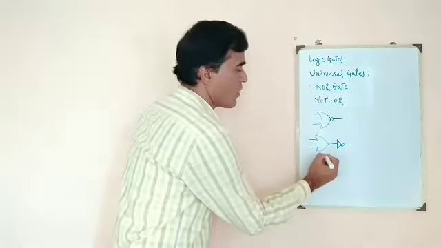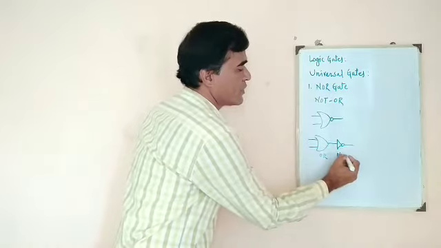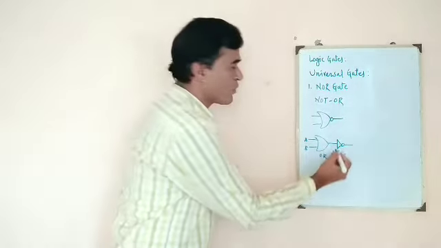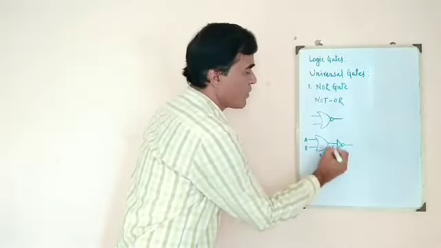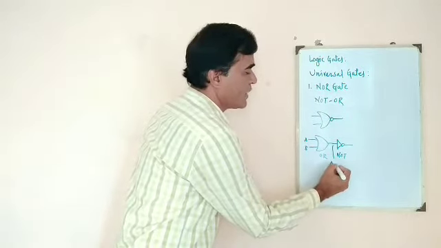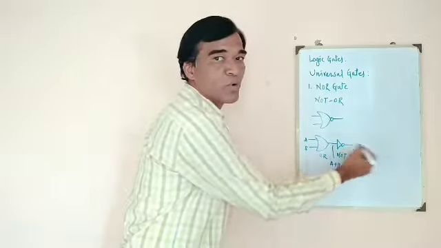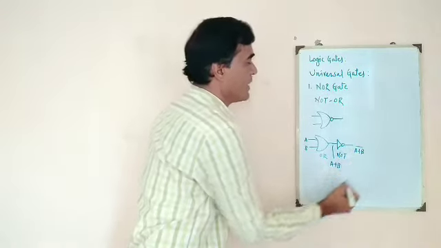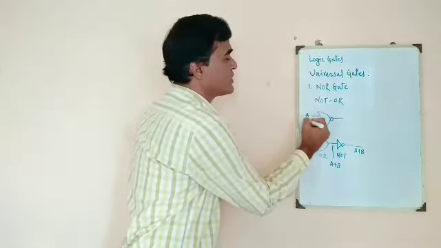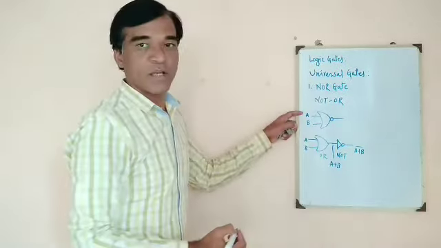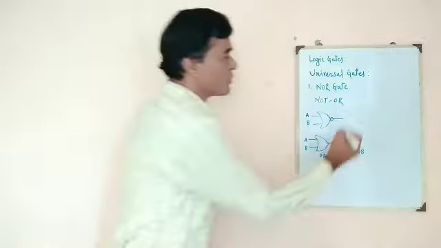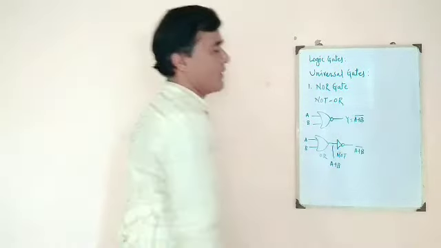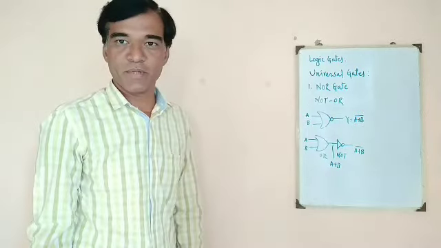So here we have the OR gate and this is the NOT gate. Inputs are A, B. We know the output of the OR gate is A plus B, and we get the output of this combination, which is nothing but (A plus B) complement. Hence the symbol for NOR gate becomes input A and B, output Y, which is equal to (A plus B) complement. This is nothing but the symbol.